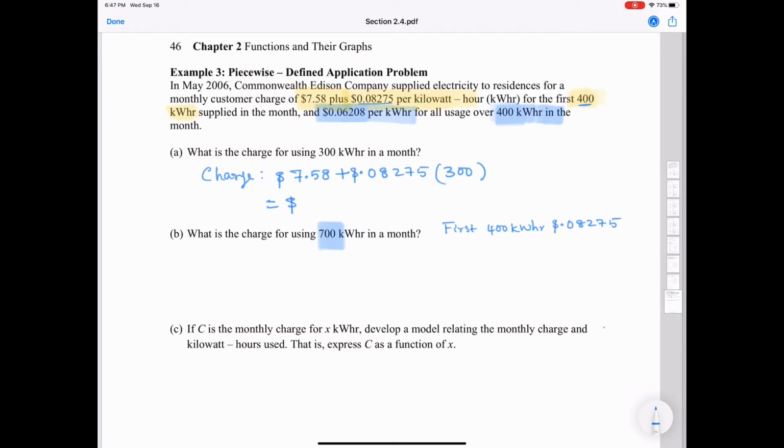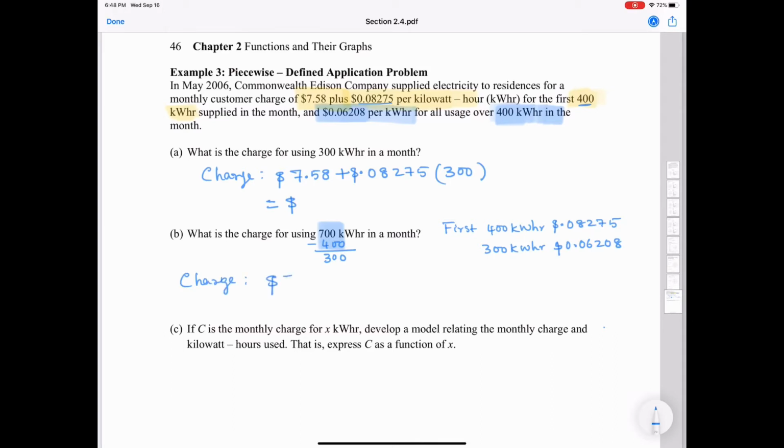If I take 400 off of 700, I will be left with 300. And for those 300 kilowatt hours, they will have to pay 0.06208.